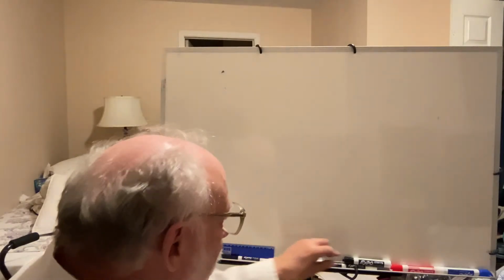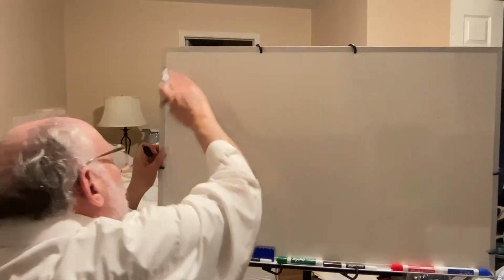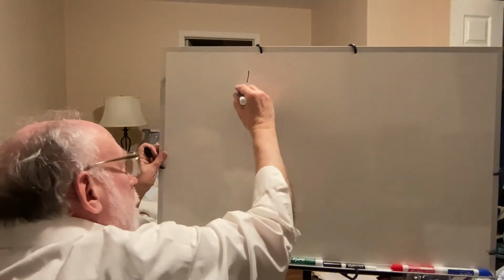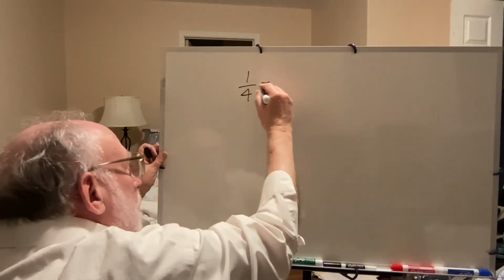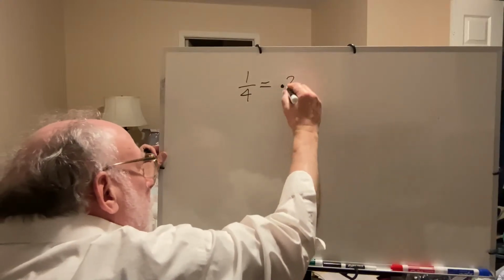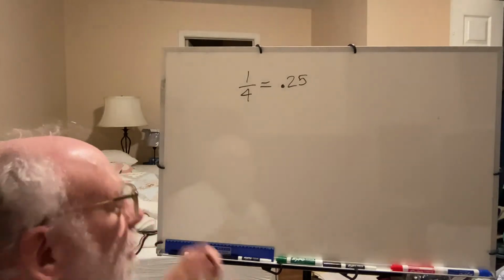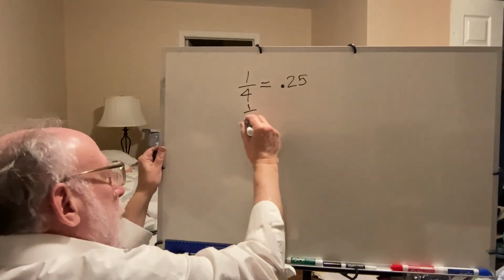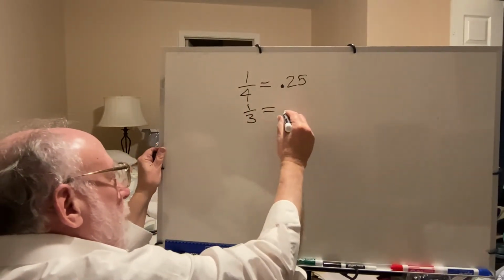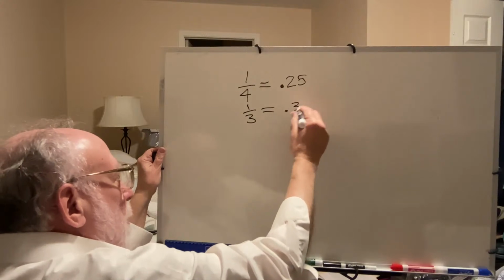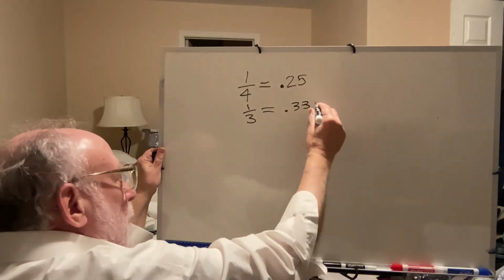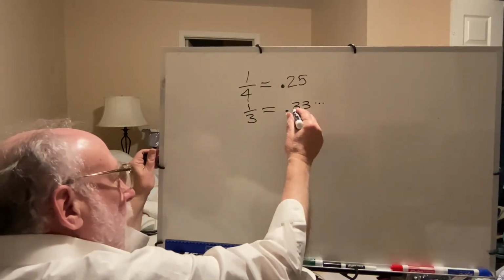Let's start with the decimal expansion of rational numbers. Rational numbers are ratios of integers. If you have 1/4, that's going to be 0.25, and this expansion terminates. And we have 1/3, which most people do accept as repeating threes, and this does not terminate.